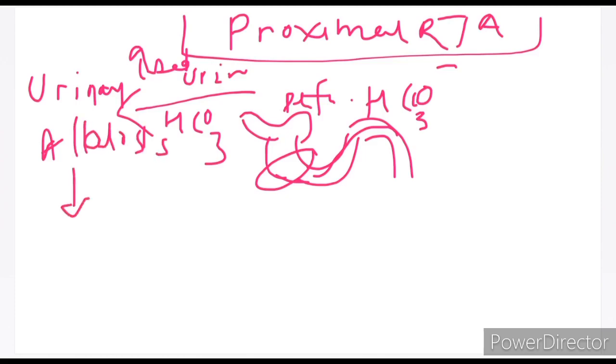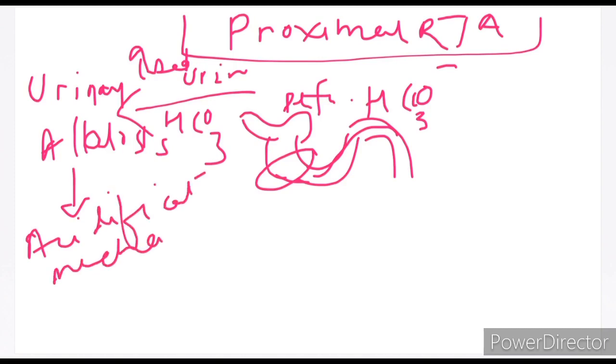But the distal part of the nephron, where the acidification mechanism is intact, so we have urinary pH less than 5.5.